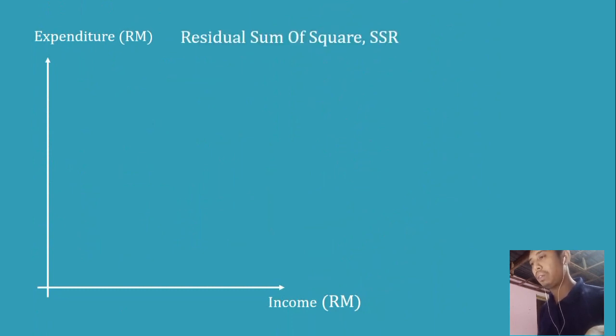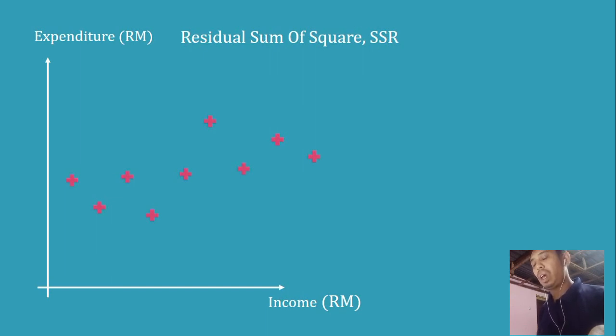Let's consider we have two data series: expenditure as the dependent variable, or y, and income as the independent variable, or x variable. Then we plot these two variables, plotting expenditure data against income data.